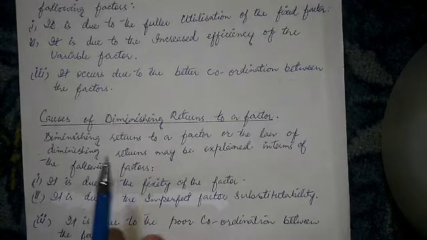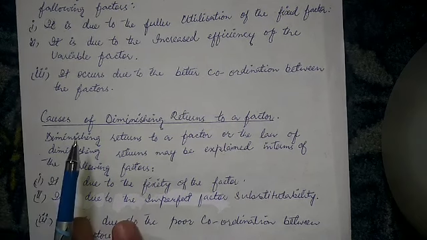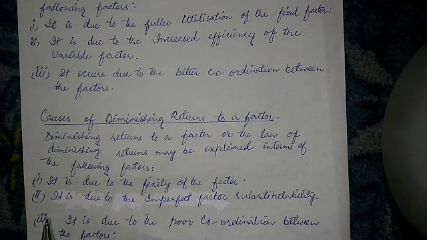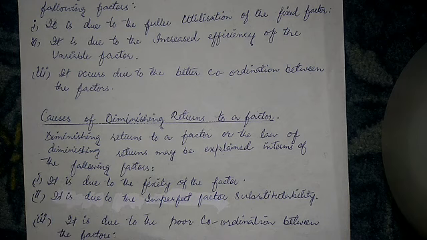Now, what are the causes of diminishing returns to a factor? See, the law of diminishing returns may be explained in terms of the following factors. Number one, it is due to the fixity of the factor.